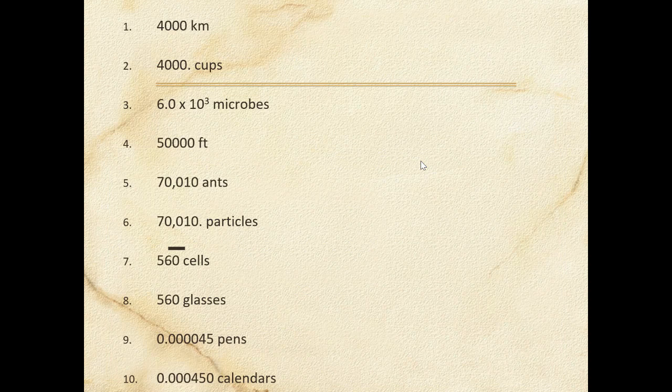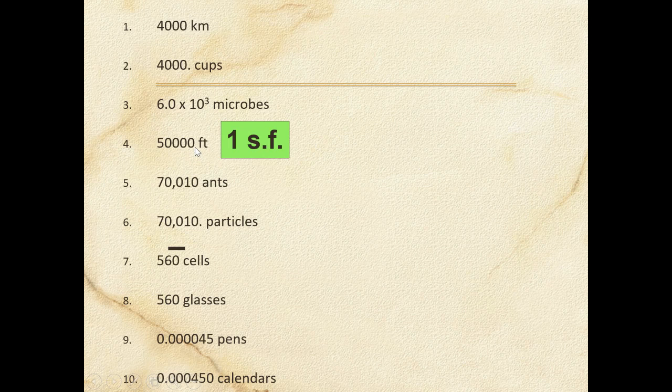So 4,000 kilometers, 1 sig fig. 4,000. cups, 4 sig figs, because it has the period at the end. 6.0 times 10 to the 3 microbes, 2 sig figs. 50,000 feet, 1 sig fig, because it does not have the period at the end, right?